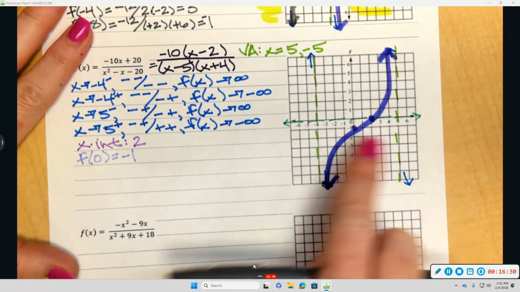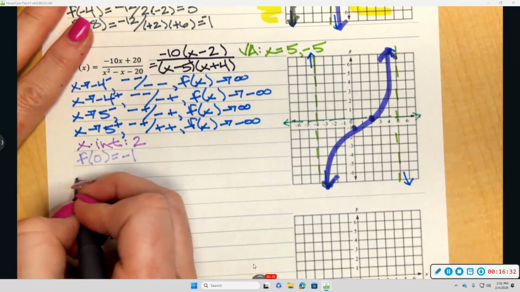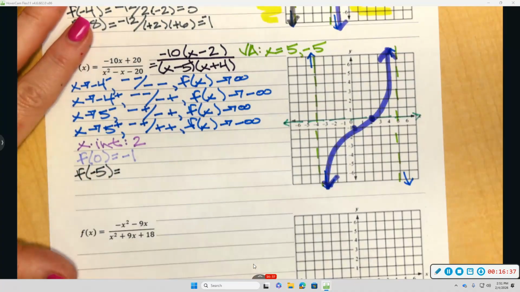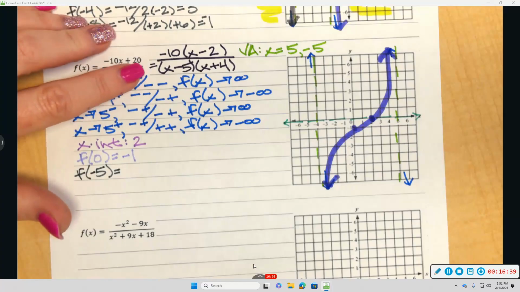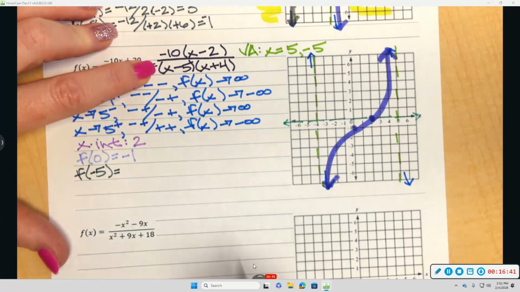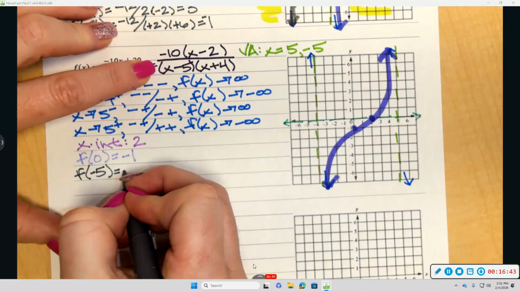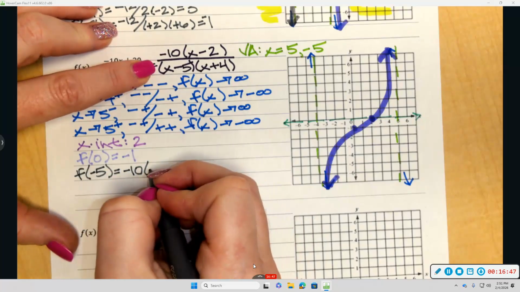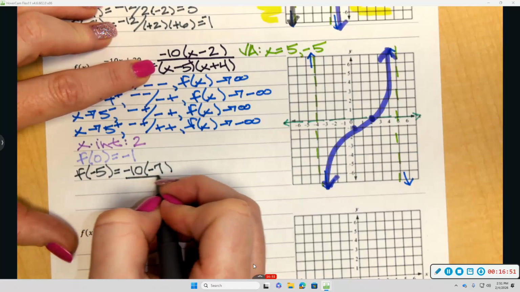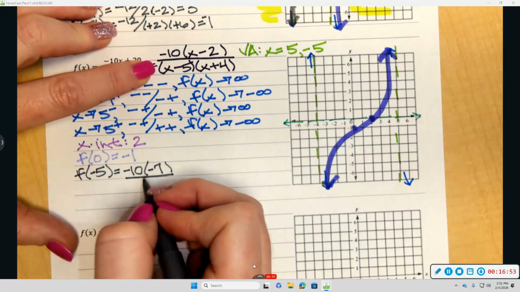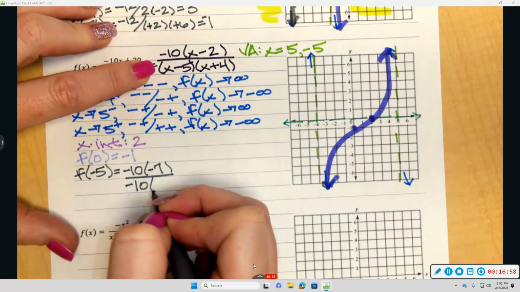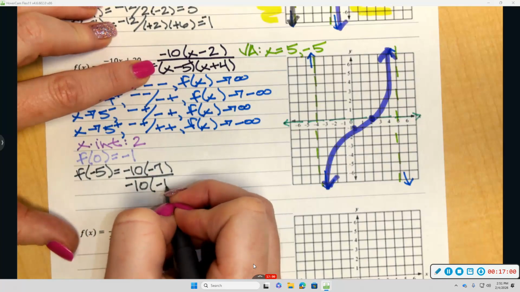So let's see. Over here, we could try a negative 5. Again, I think it's easiest to do this in the factored form. So we would have a negative 10 times negative 5 minus 2 is negative 7 over negative 5 minus 5 is negative 10 times negative 1.